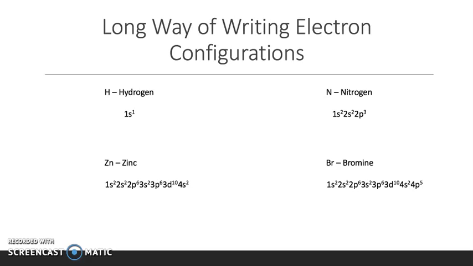And s orbitals, as we know, hold up to 2 electrons. Since it's the first element within that 1s orbital, we know it only has 1 electron. If it were helium, for example, which is the second element in that 1s orbital, it would have 2 electrons. So it would be 1s2 rather than 1s1 like hydrogen. It's pretty simple. You just need to count the electrons based on what orbital it's in.